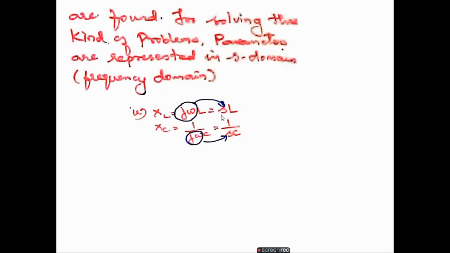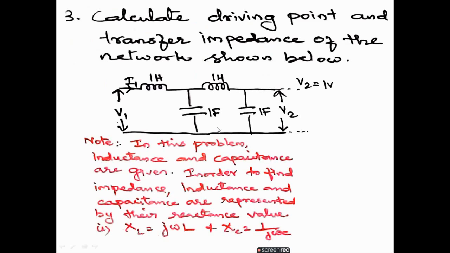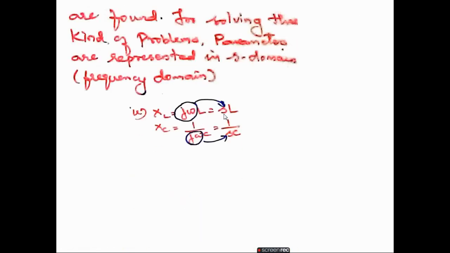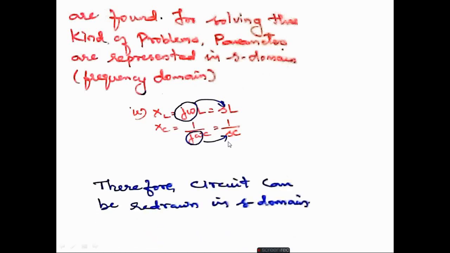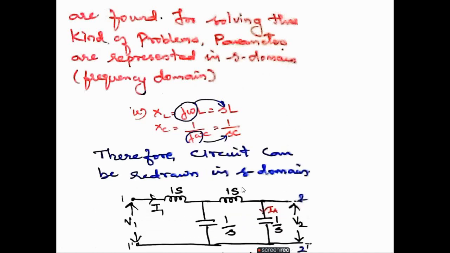So j omega L is equal to SL, and 1 by j omega C becomes 1 by SC, where L and C are the values in henries and farads. For our case we got 1 Henry and 1 farad, so we get S and 1 by S. Now we can represent the circuit with reactance values.